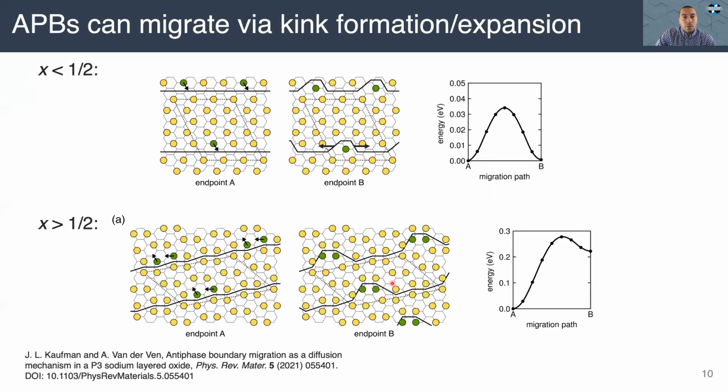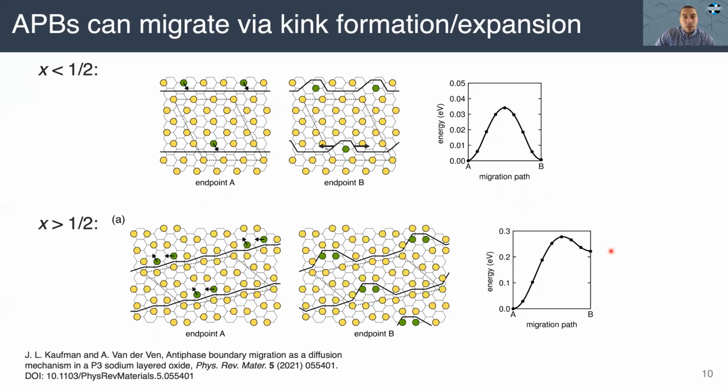Also in the other type of ordering with the other antiphase boundary, the same kind of mechanism can actually occur, just in this case with a 2-atom hop rather than a 1-atom hop. And the energy barrier is a bit higher. There's some defect energy, but this is still a relatively low barrier.